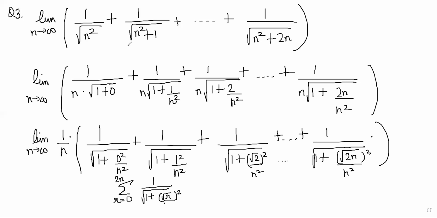Let me just look at the question once. N tends to infinity. This is n square plus 1, n square plus 2, till root of n square plus 2n.